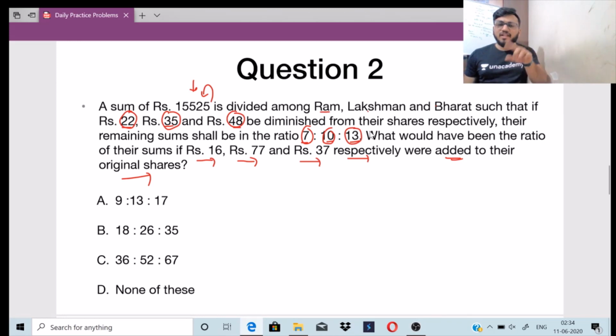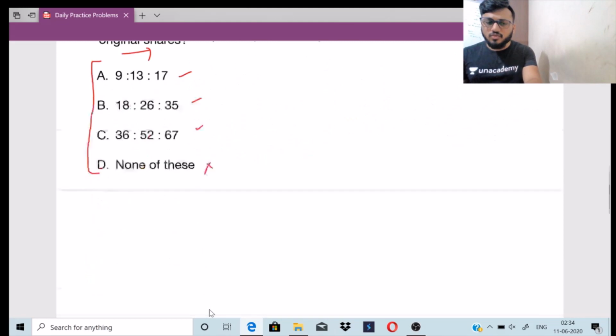After getting this, I should add back the elements, 16 for Ram, 77 for Lakshman and 37 for Bharat, and whatever sums I get, I should formulate into a ratio. I have four options here as usual, A, B, C, and none of these. So let's solve this question.